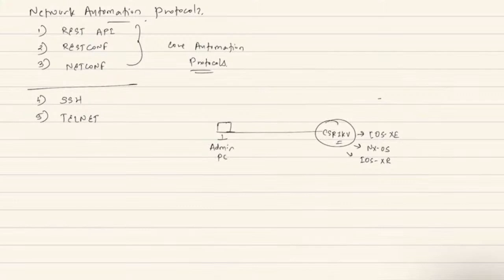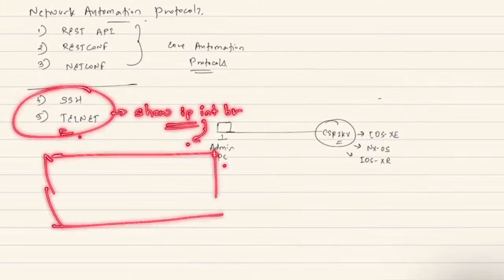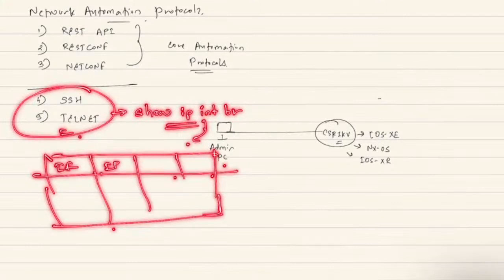So the data that is available on these devices is of greater capability and of greater importance, right? So when, by using SSH and by using Telnet, you are trying to do something like get the output of show IP interface brief, the output will be given to you in the CLI manner, in which you will get a table with the name of the interface, the IP address of the interface, the state of the interface and layer 3 information.